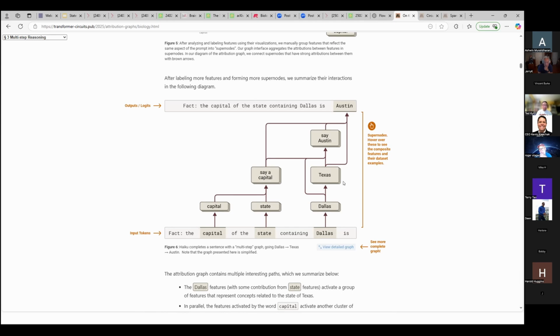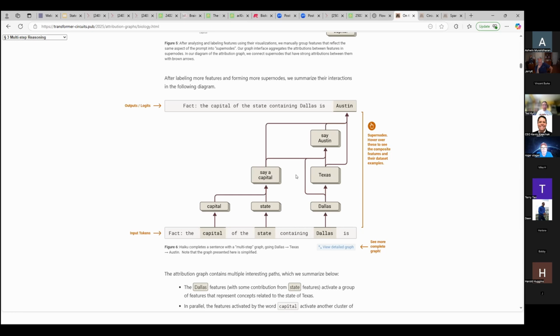Although I'm sure there are also Texas features that are associated with the word actually being in your input stream. Okay. They use the convention say blank for features that strongly increase the probability of something being the next word.